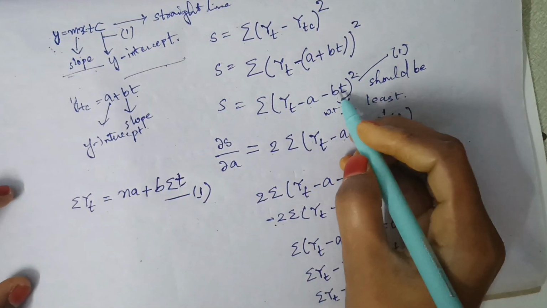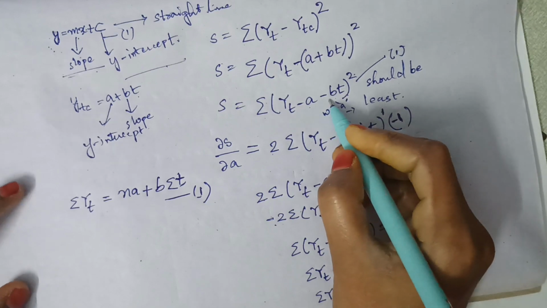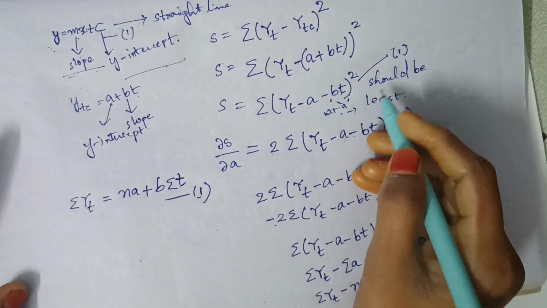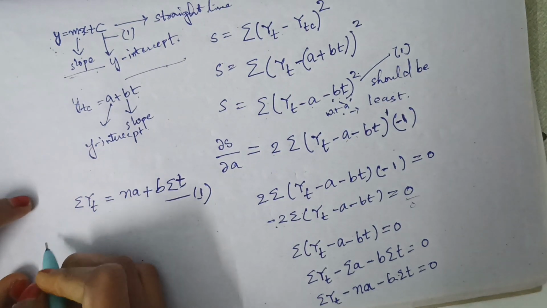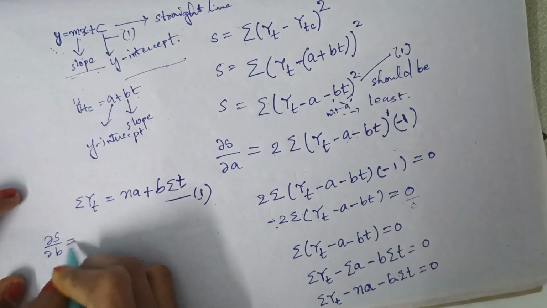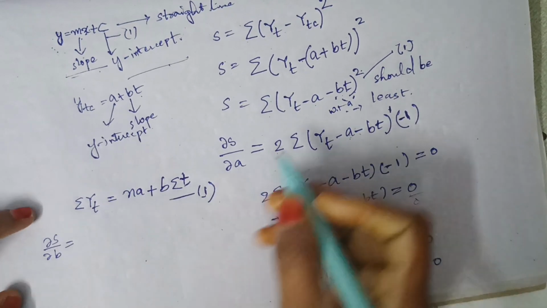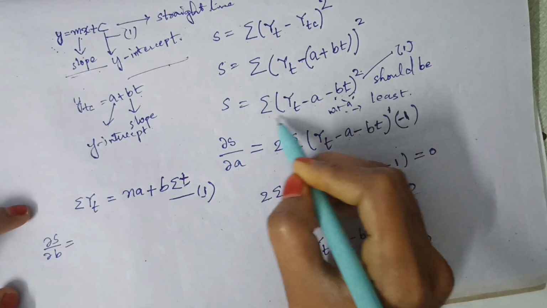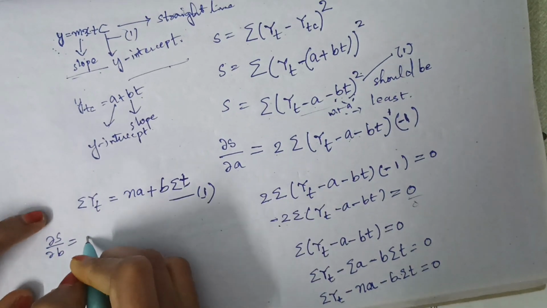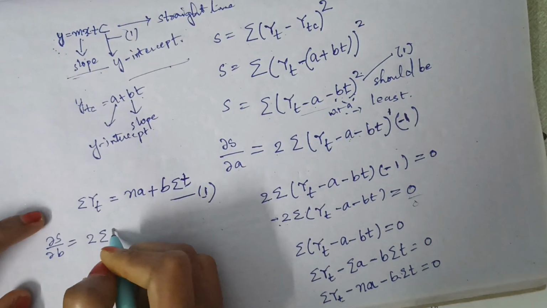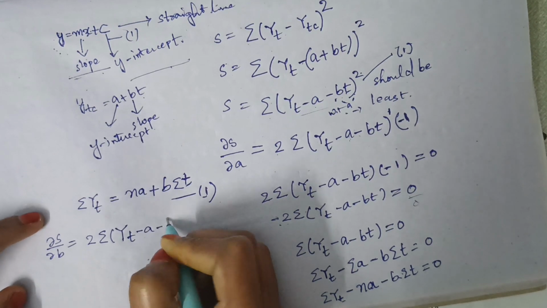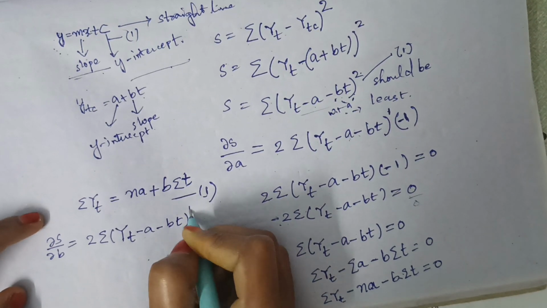So if we differentiate partially with respect to b and equate to 0, we get dou S by dou b is equal to, if you consider the total term as x, then x to the power of n becomes n into x to the power of n minus 1. Therefore (yt minus a minus bt) all to the power of 1.